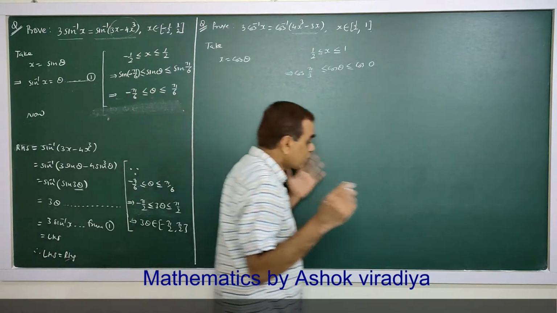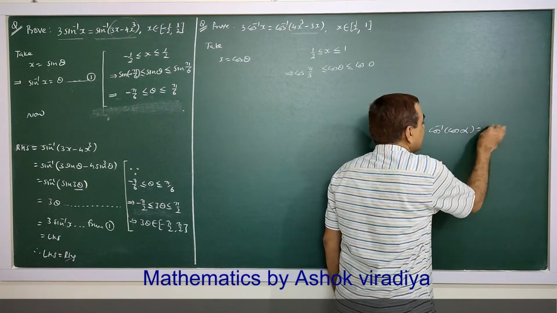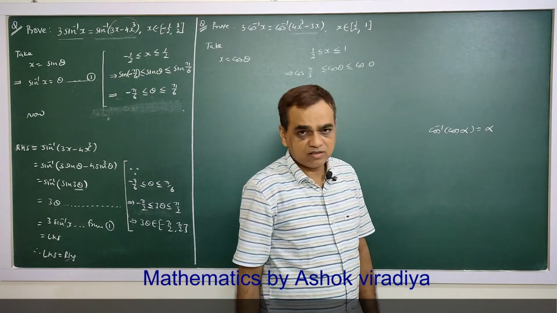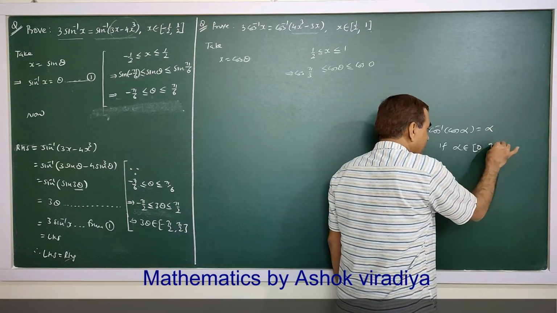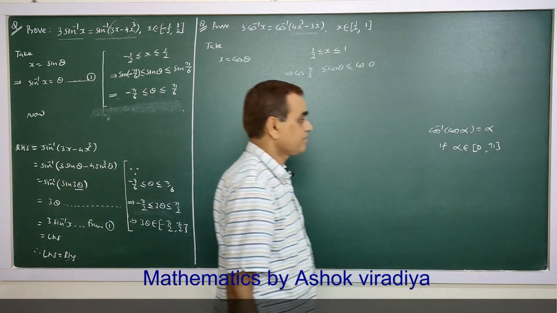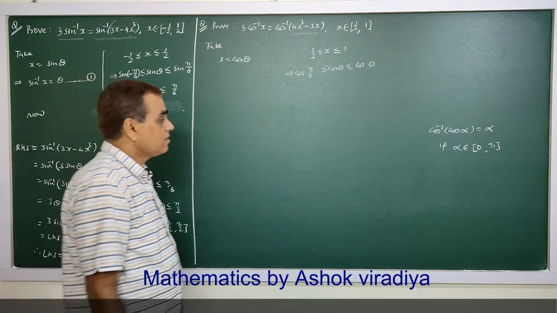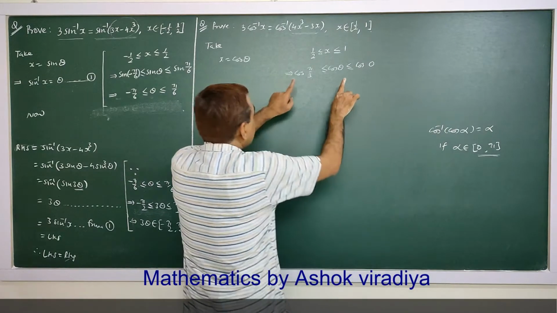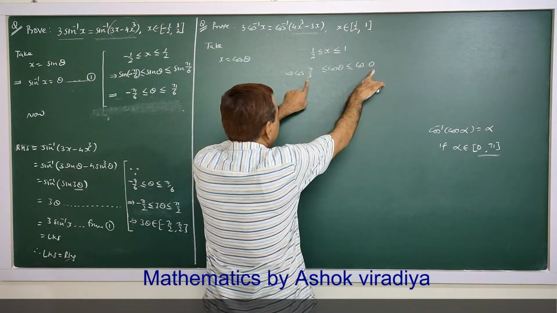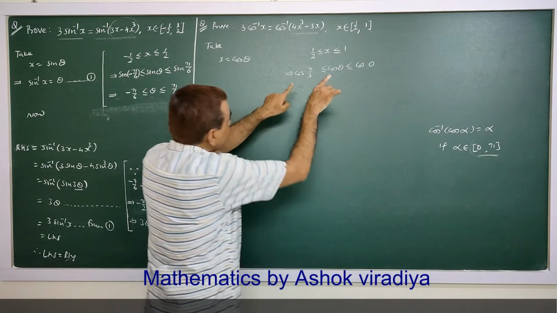See, here we are going to use this result: cos inverse cos alpha is alpha, if alpha belongs to the domain of cosine. This is the domain of cosine, so try to take these values on the left and right sides, both belonging to this interval, and here they are.